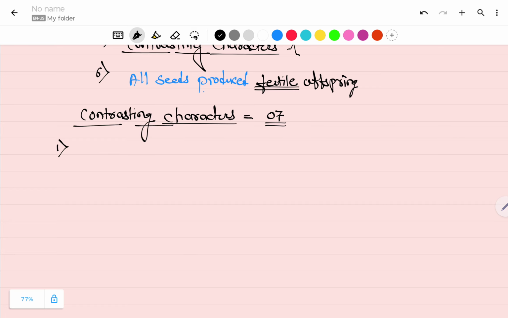But before we discuss the contrasting characters, we need two words: dominance and recessive.